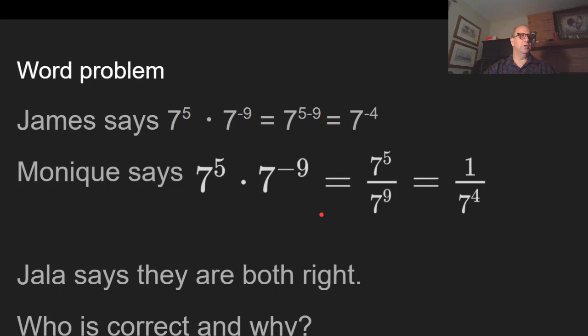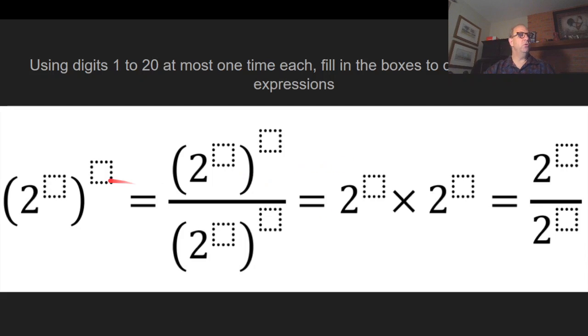All right, we got 30 seconds left, and you should have enough information to solve this. You know how to do exponents raised to a power, exponents raised to a power divided by exponents raised to a power, exponents times exponents, and exponents divided by exponents. So pick digits from 1 to 20.